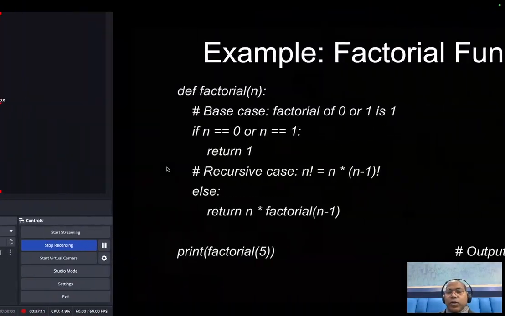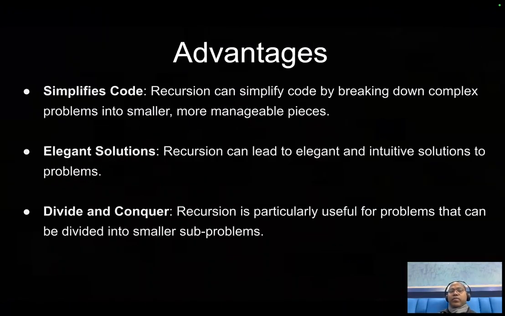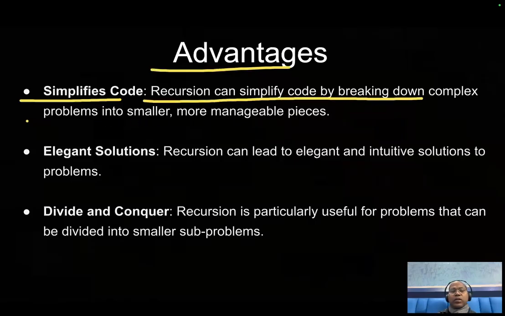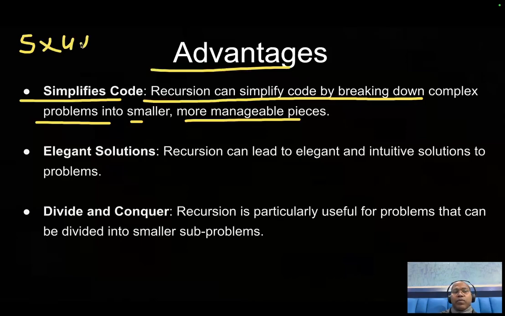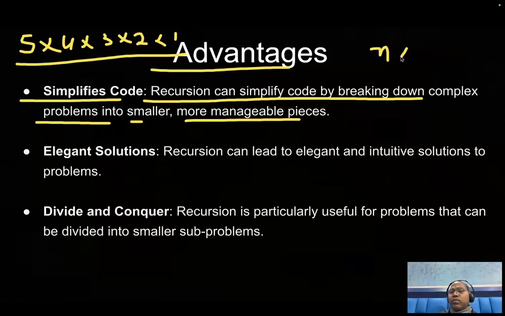Okay. So this is the factorial. What advantage do you get from this factorial? Simplified code. Recursion can simplify the code by breaking down a complex problem into smaller and more manageable pieces. So instead of writing factorial 5 multiplied by 4 multiplied by 3 multiplied by 2 multiplied by 1, a complex calculation, we simply say number multiplied by number minus 1.